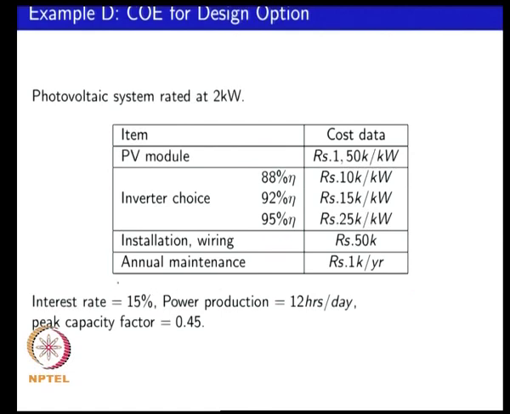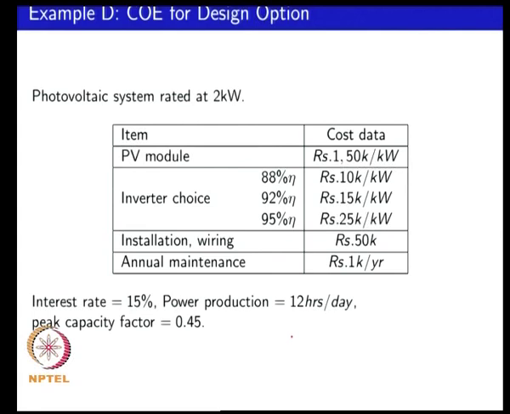We will assume the interest rate of 15%, and that power is being produced by this panel 12 hours a day. Obviously, it is not going to produce 2 kilowatts early morning or late evening. So, we will assume a peak capacity factor of 0.45. So, on an overall day basis, 0.45 of the peak power is being produced.